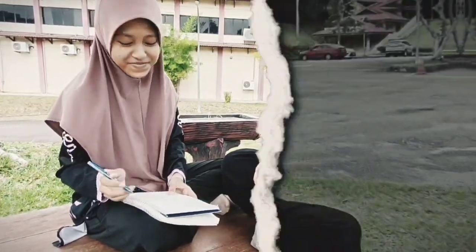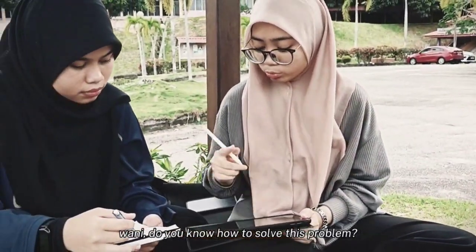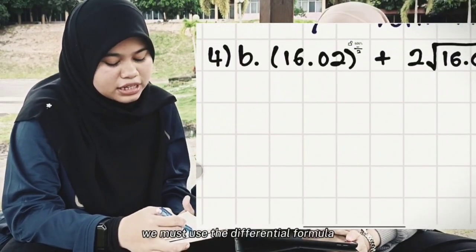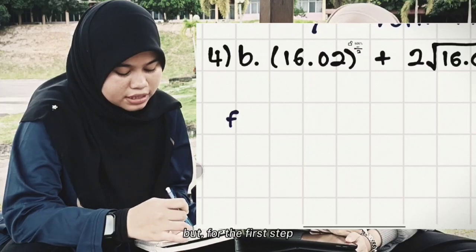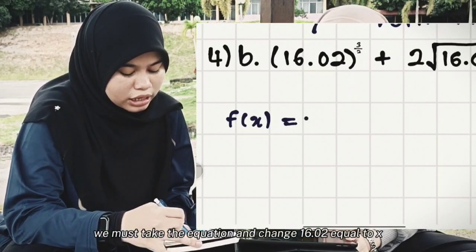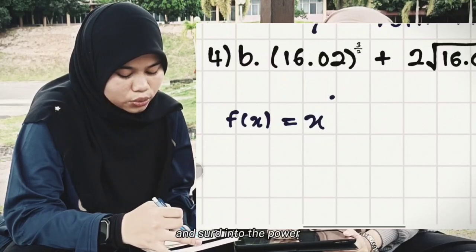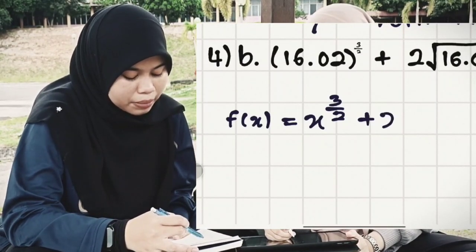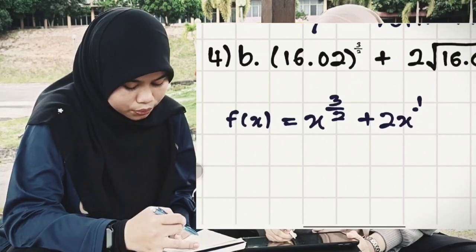Thanks, Wahida. Wendy, do you know how to solve this problem? Yeah, for this question, we must use the differential formula. But for the first step, we must get the equation and change the root into a power. We will get x power 3 over 2 plus 2x power 1 over 2.